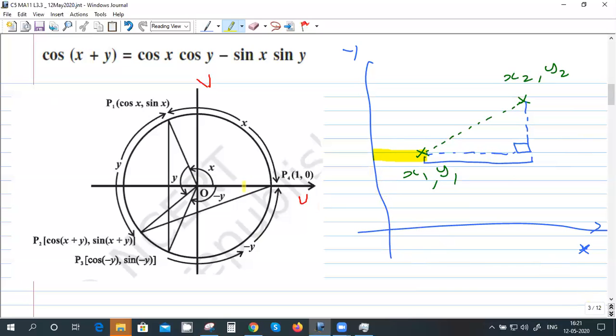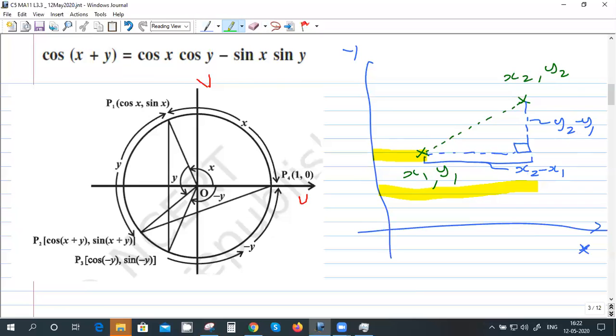And another distance is x2, from here to here. Then what is this distance? x2 minus x1. Similarly, what is this distance? y2 minus y1, because y1 is the full vertical distance.